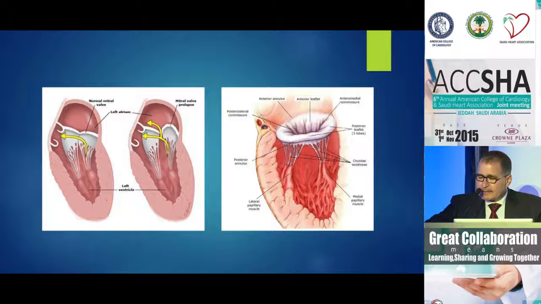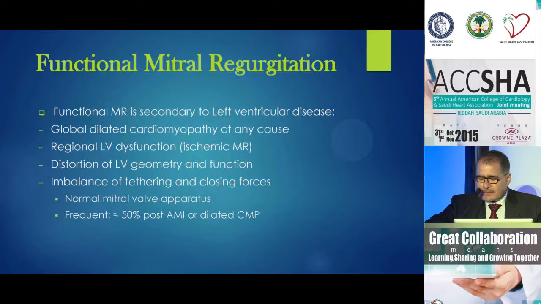The other cause for MR that we see quite often here is functional mitral regurgitation, mainly because we have a high prevalence of cardiomyopathies, particularly ischemic cardiomyopathies with secondary mitral regurgitation, and of course dilated cardiomyopathy.